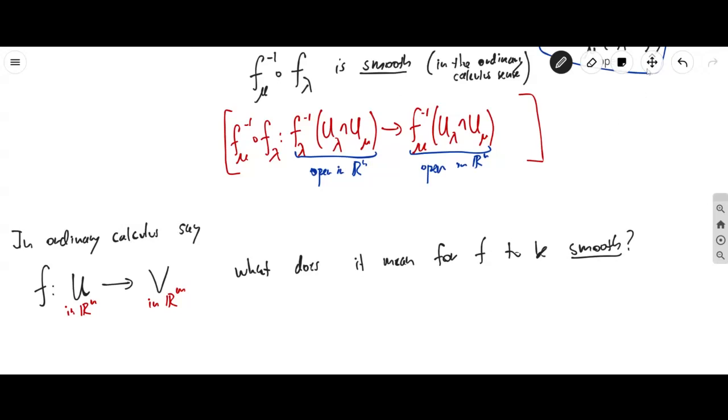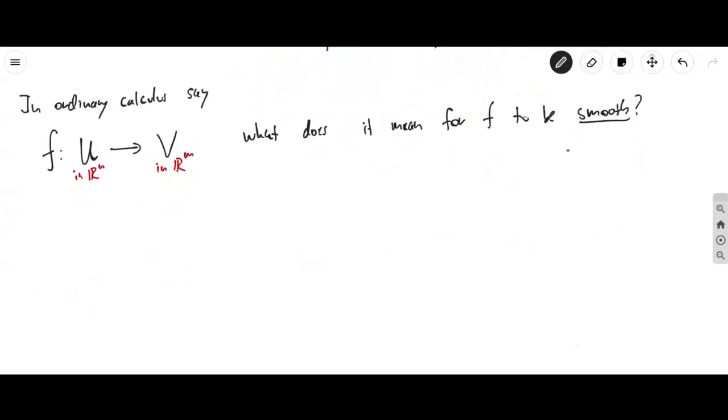Smooth basically means differentiable. So basically, f can be differentiated as many times as you want. Now this is a little bit harder to explain because if you're in Rn, you have lots of different derivatives. You usually call them partial derivatives. And then the other complication is that the function's target is Rm, so it's an m-dimensional vector, not a scalar.